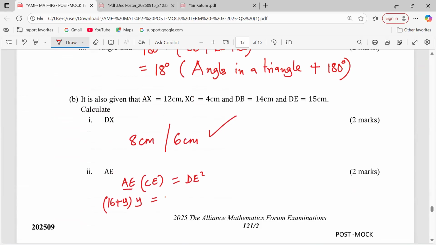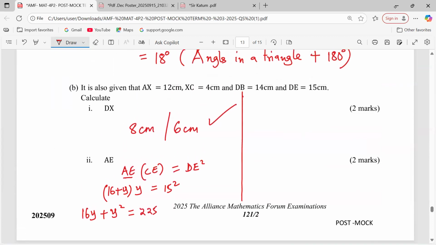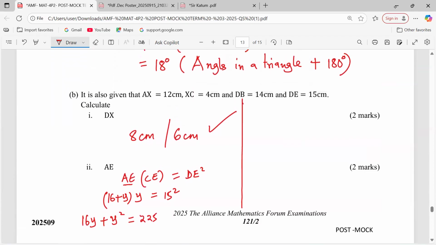Then we can expand here to have 16y plus y squared being equal to, we square 15 and get 225. Y squared plus 16y equals 225.